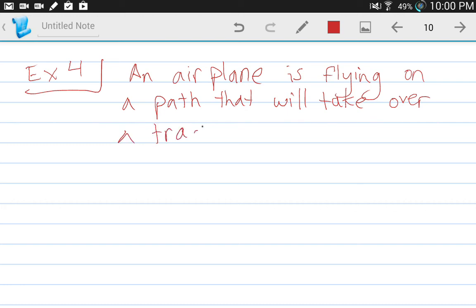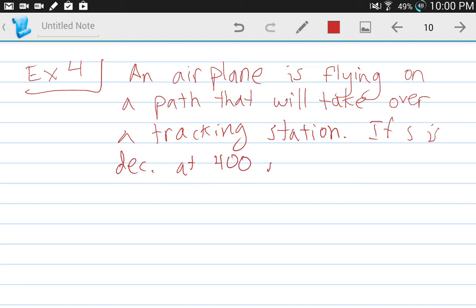And they provided a picture on here. And they say, if S is decreasing at 400 miles per hour, when S equals 10 miles, what is the speed of the plane?